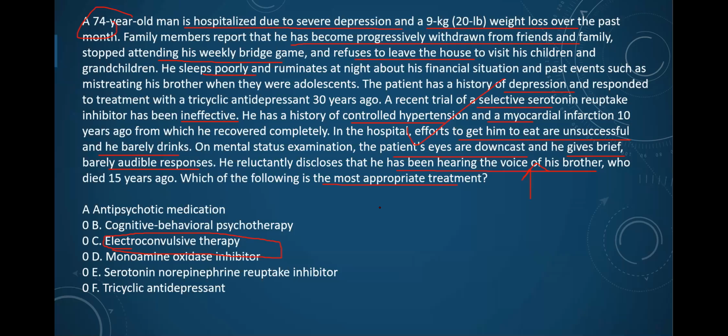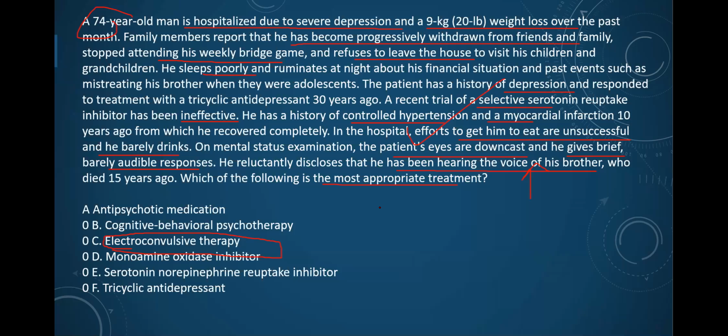This is the only situation where you cannot take consent from the patient, so you have to go for a tribunal. Even two psychiatry doctors, whatever it is, but the mental health tribunal should pass ECT, otherwise never, ever.